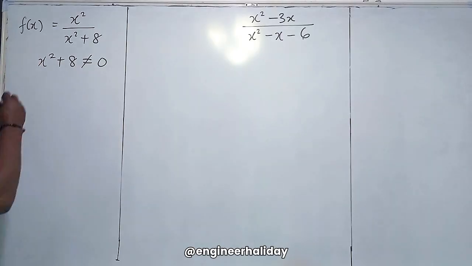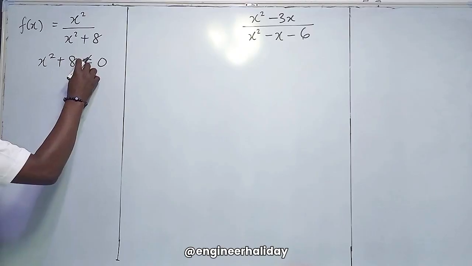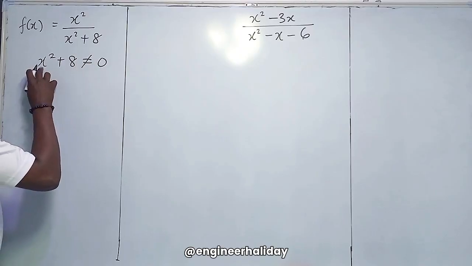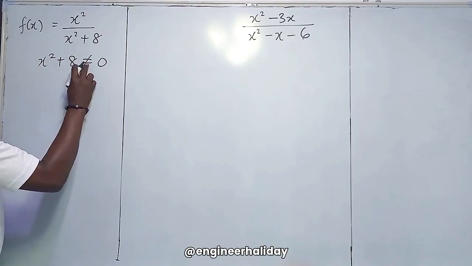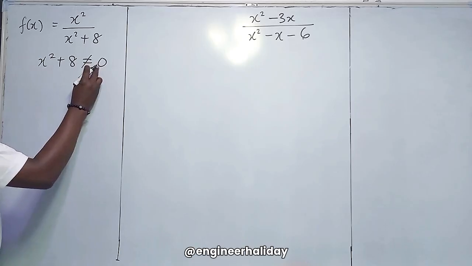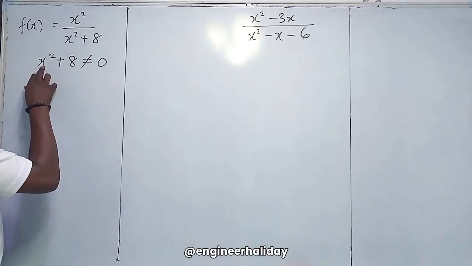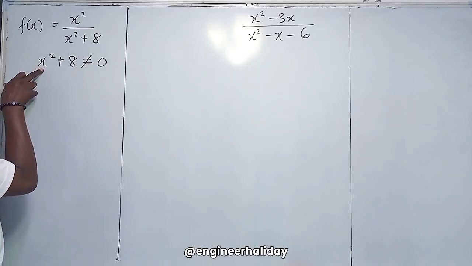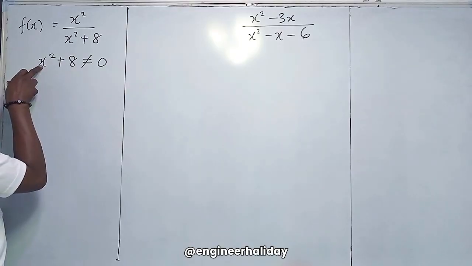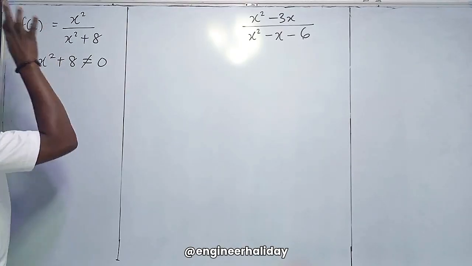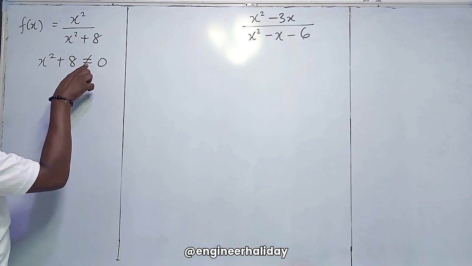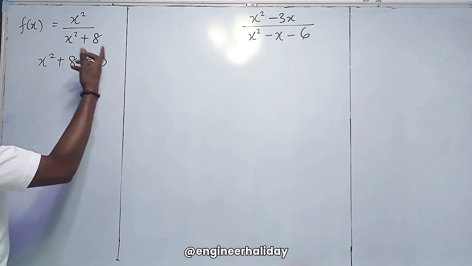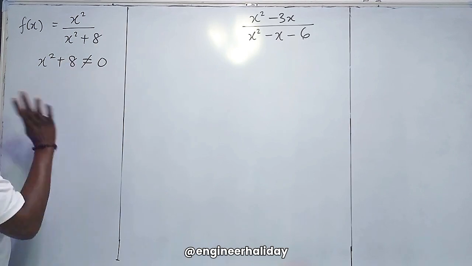It means that this cannot be equal to 0. Any value you put for this particular x can never make it equal to 0. So any value occupying the position of x in this equation keeps the denominator not equal to 0.